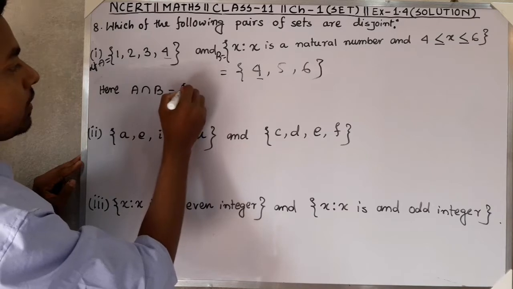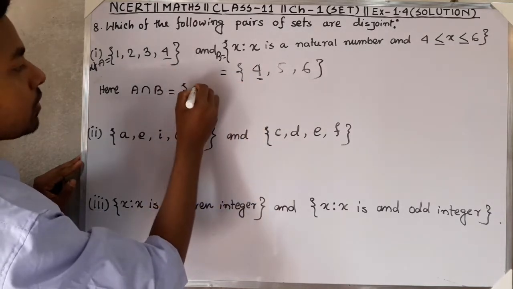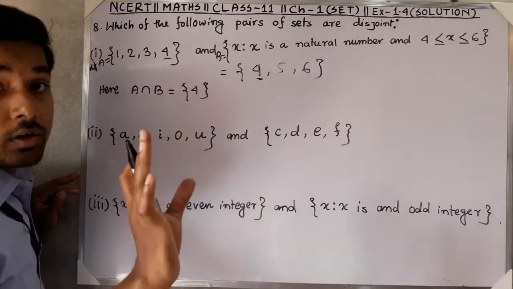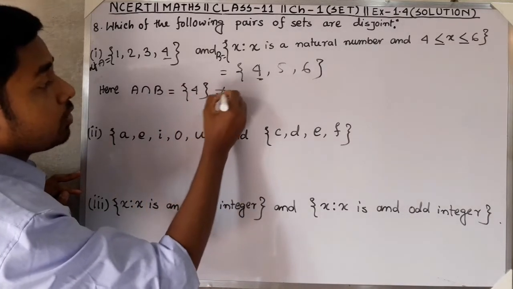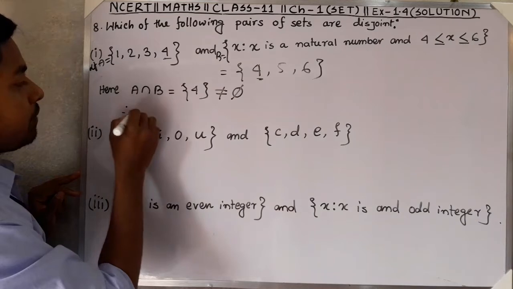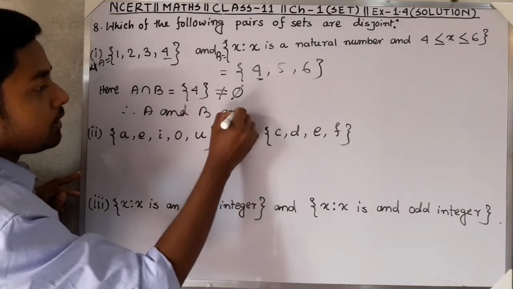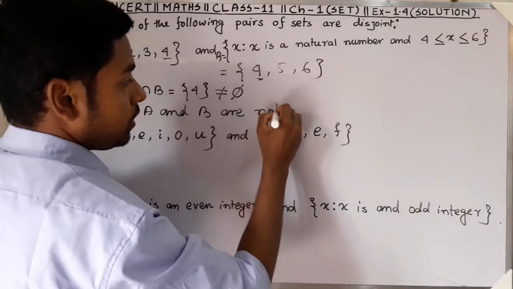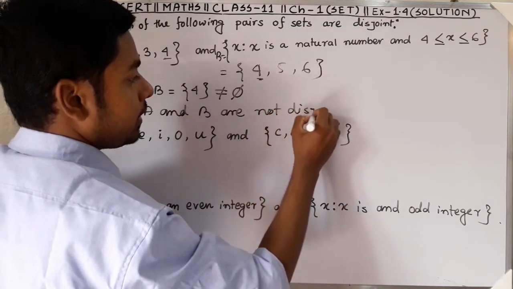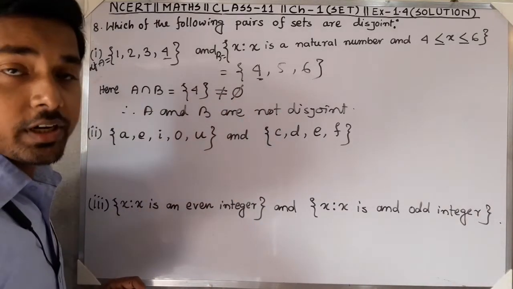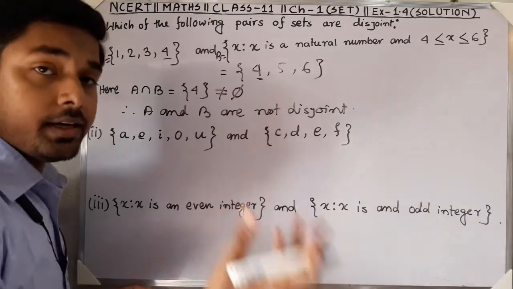What are the common elements? Only 4 is the common element, so it is not equal to empty set, so that means A and B are not disjoint. Not equal to empty set means not disjoint. If equal to empty set, then disjoint.